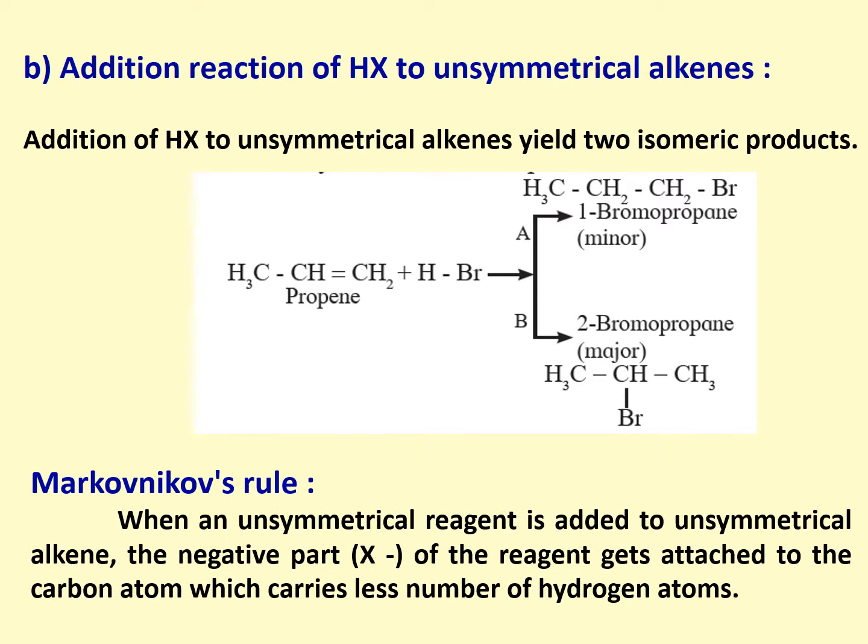When an unsymmetrical reagent is added to an unsymmetrical alkene, the negative part, here it is the halogen atom of the reagent, gets attached to the carbon atom which carries less number of hydrogen atoms. So, according to Markovnikov's rule, the major product is the one in which bromine is attached to the carbon which carries lesser number of hydrogen atoms.